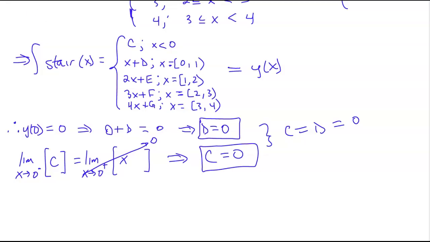So what we've done is we've checked in between 0. Now we need to check in between 1, which means we need to deal with these two.